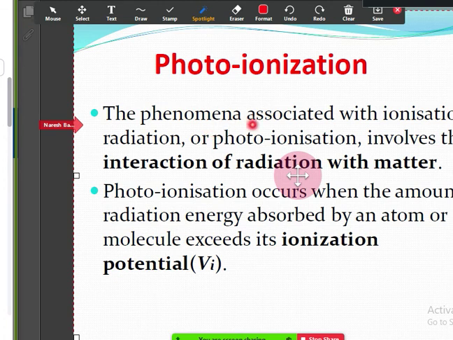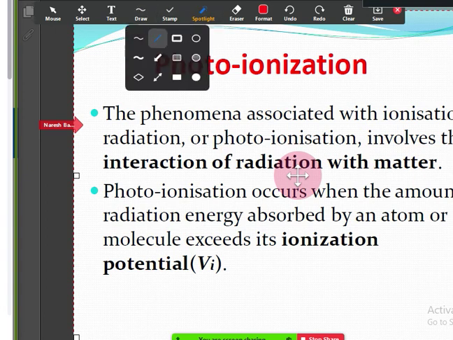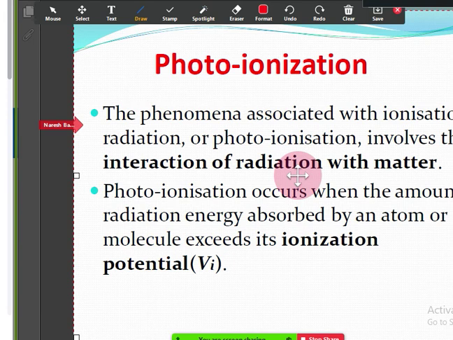The phenomena associated with ionization by radiation, or photoionization, involves the interaction of radiation with matter. So this is important. Here, interaction of radiation with matter takes place.